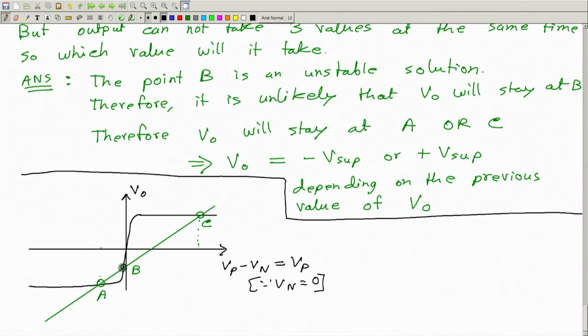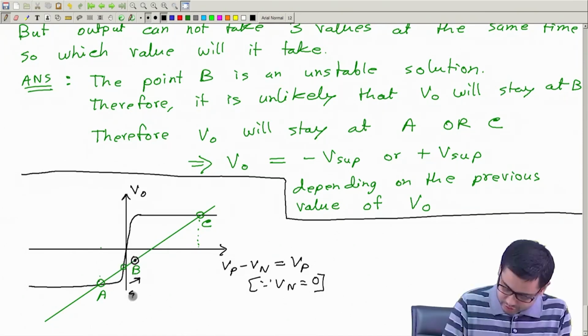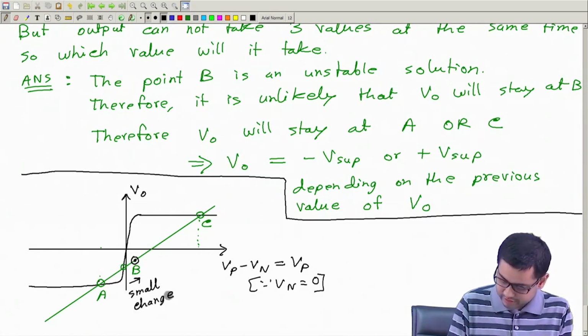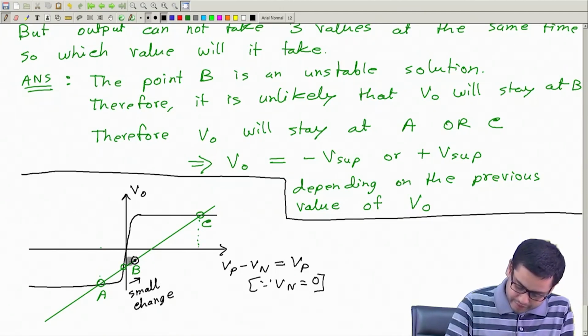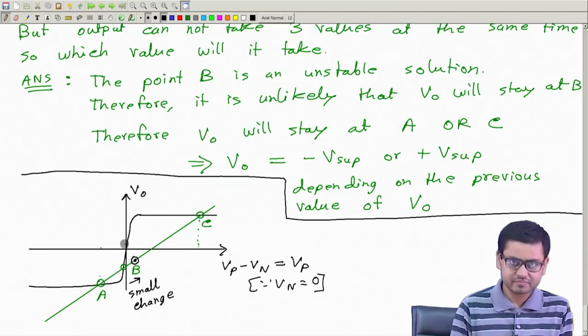If I move from here to here, this is a slight movement, a small change, although I'm drawing a significant amount, but assume this is a small change.